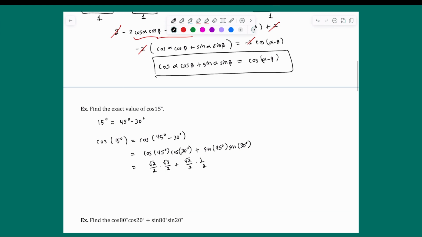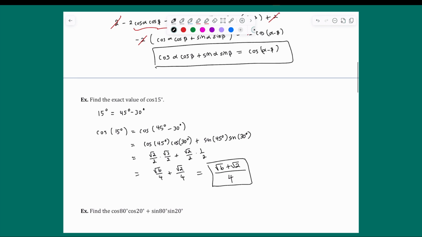And so root 2 over 2 times root 3 over 2 is root 6 over 4, plus root 2 over 2 times 1/2, which is root 2 over 4, which we can write as root 6 plus root 2 all over 4. And so that's the exact value of cosine of 15 degrees. Okay, that's using the difference of angle identity for cosine.